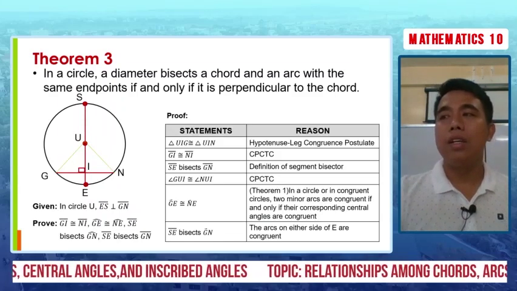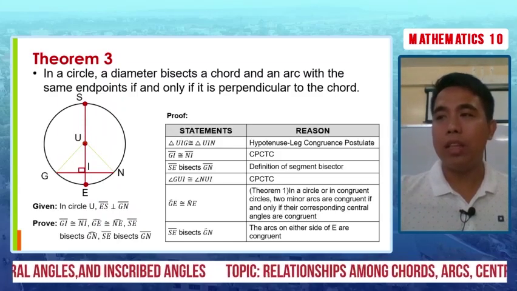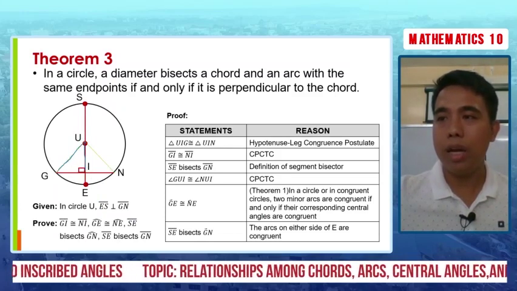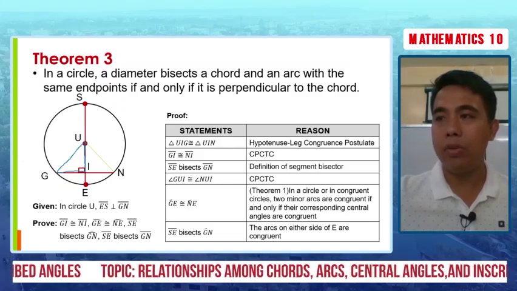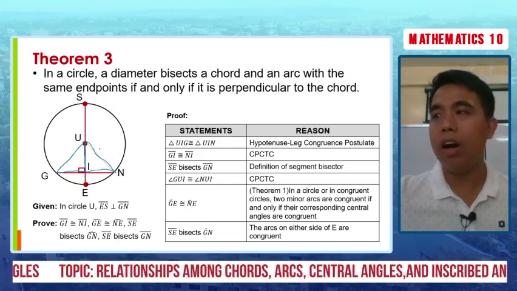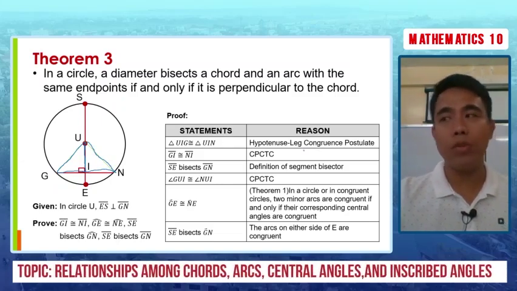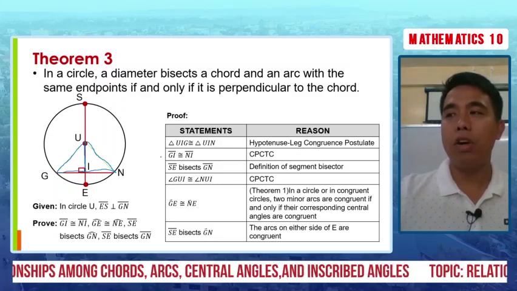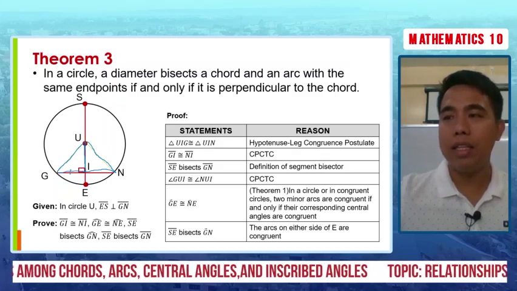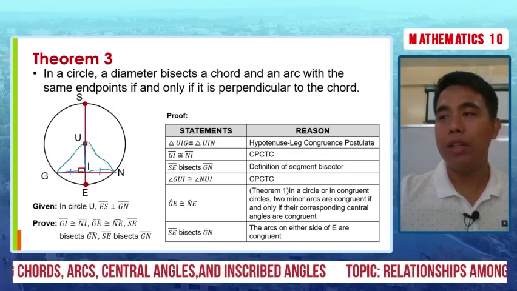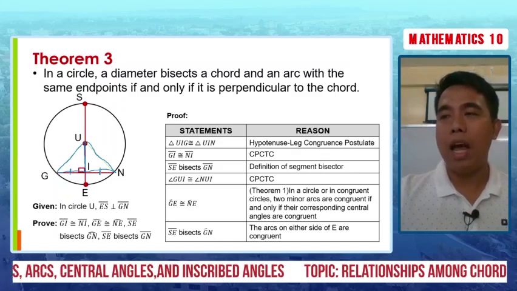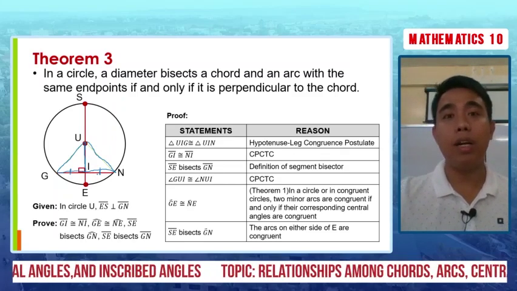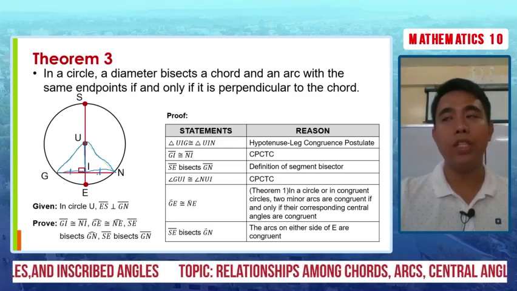Next, triangle UIG and triangle UIN, they are congruent by hypotenuse leg congruence postulate. Therefore, GI, this segment, is congruent to NI, that segment, by CPCTC, or corresponding parts of congruent triangles are congruent.